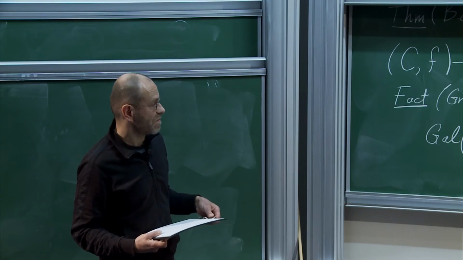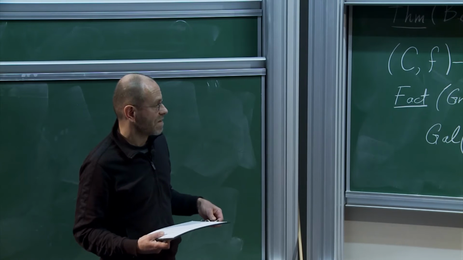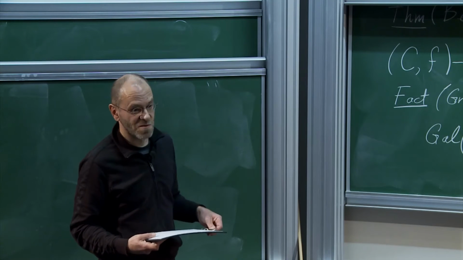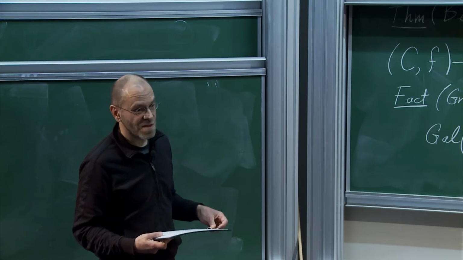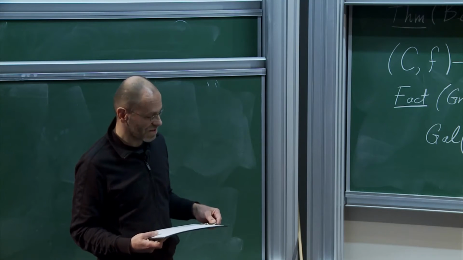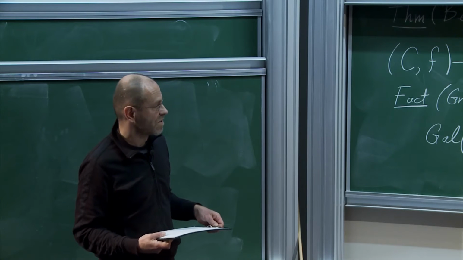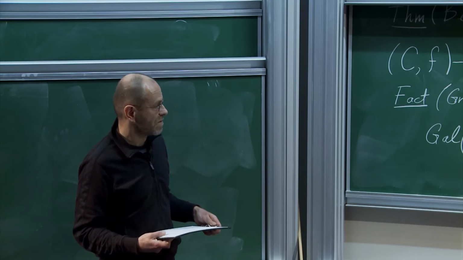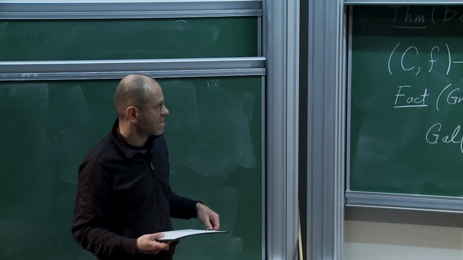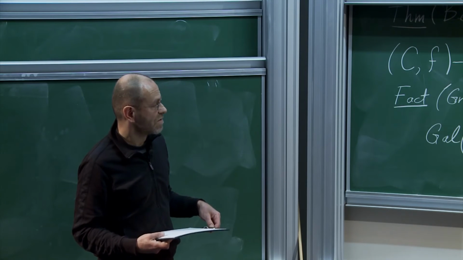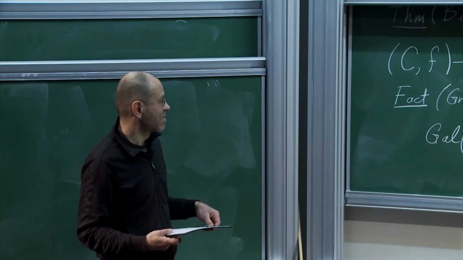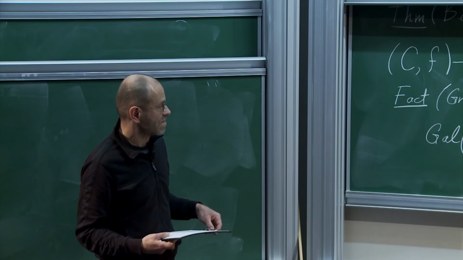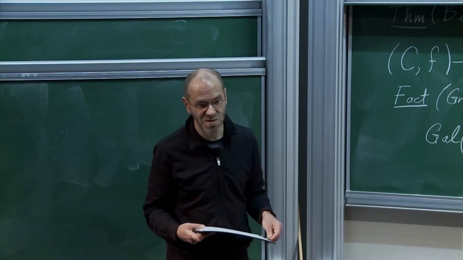Since dessins are rather simple, there was a hope that one could learn something new about the Galois group. But it still wasn't quite so. There were quite a number of papers on this subject, but no real breakthrough in that direction. So the Galois group remains almost as mysterious as it was.